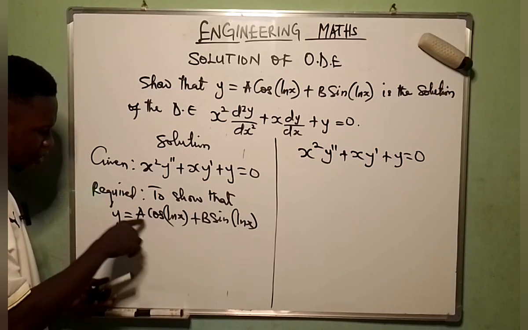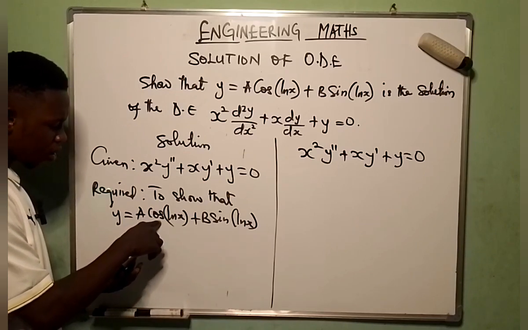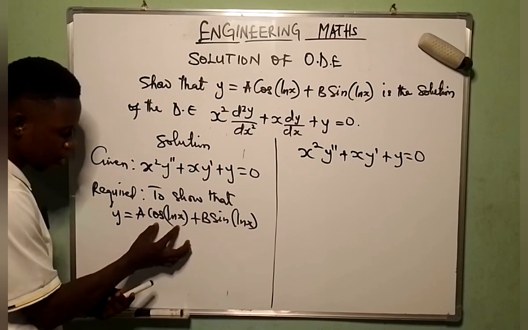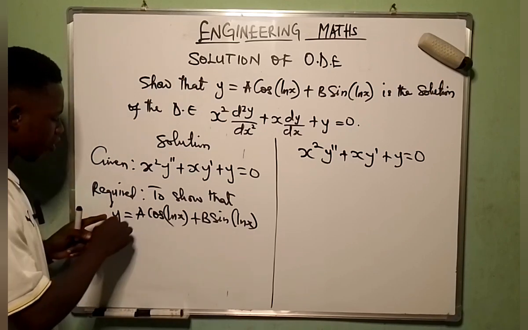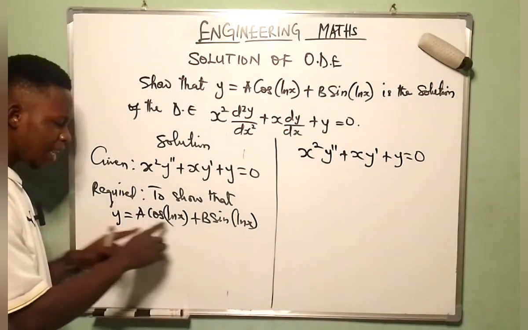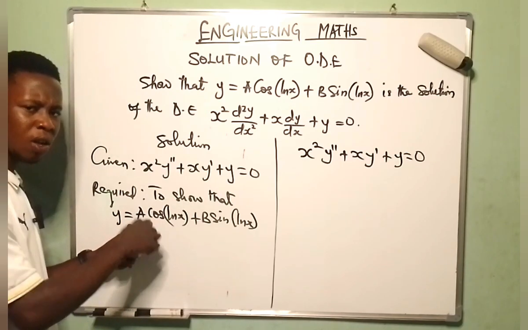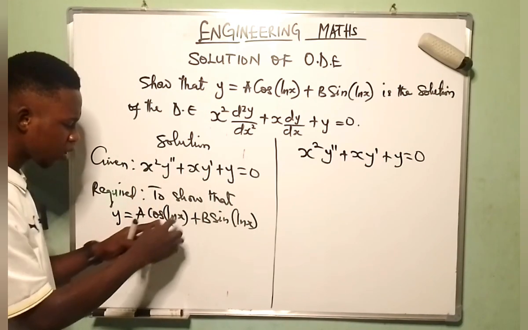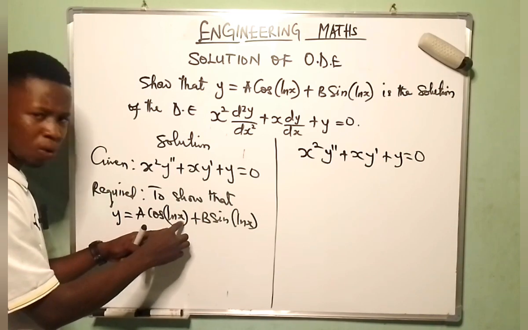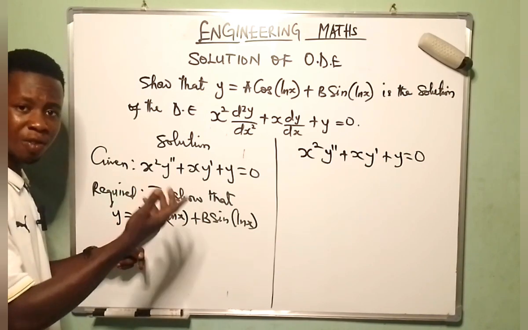Y is a function of cos ln x, and cos ln x is a function of ln x. That's why we call it a function of another function. The ln x that we have here is a function, and the cos of it is a function of y.